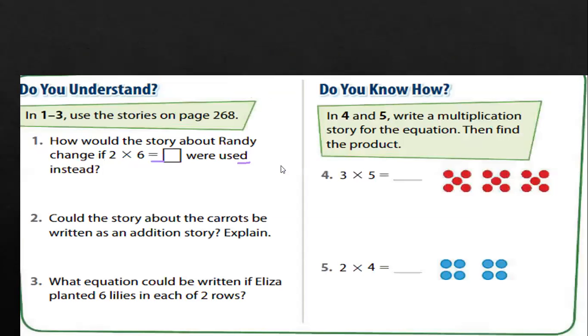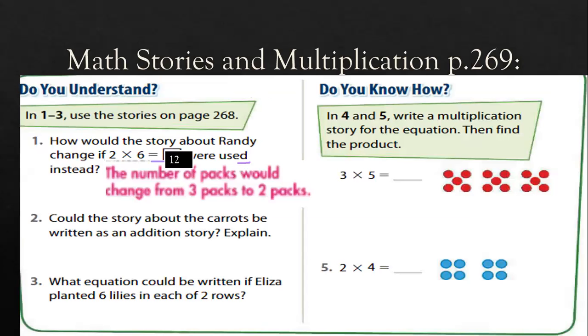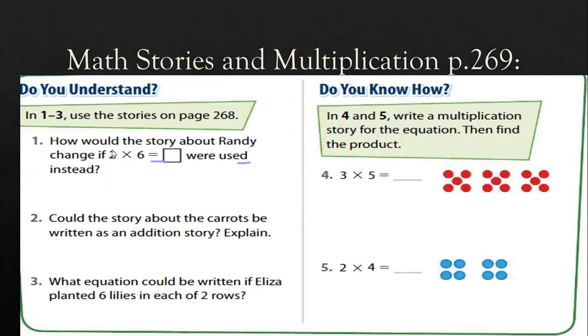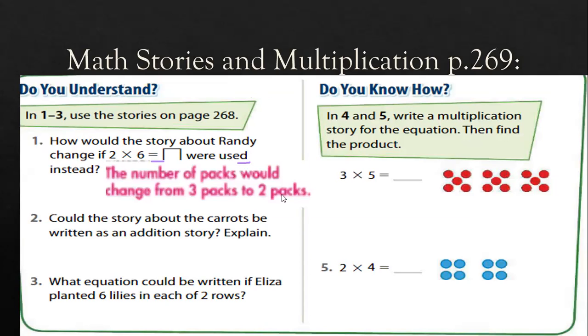How many buttons will he have? Would the story about Randy change if 2 multiply 6 were used instead? So now he has 2 packs, not 3. So it will be 12, as I told you. The number of packs would change from 3 packs to 2 packs.